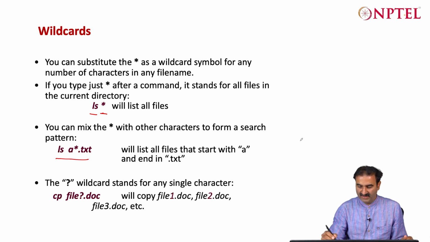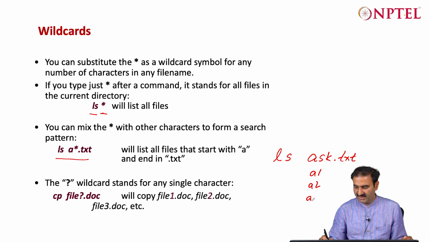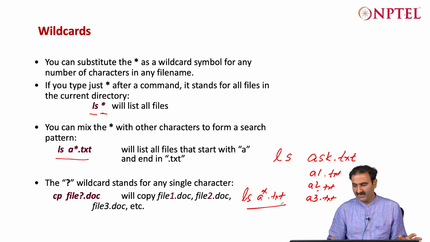Otherwise the file name could be say ask.txt, or a1, a2, a3.txt could have been the file. But if I say just ls a star dot txt, it will list all the files in that folder that match, okay. So this way you don't have to completely specify the name.